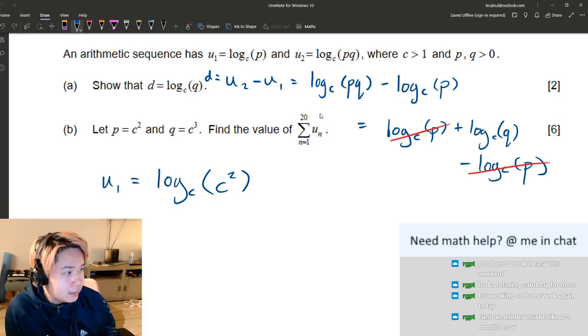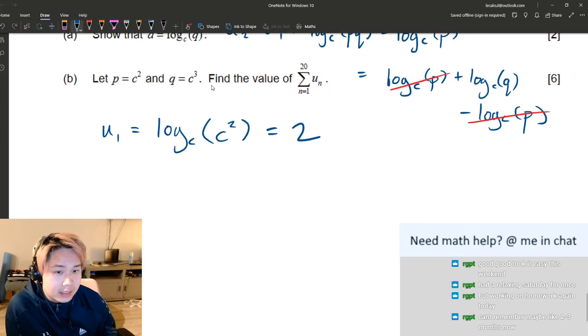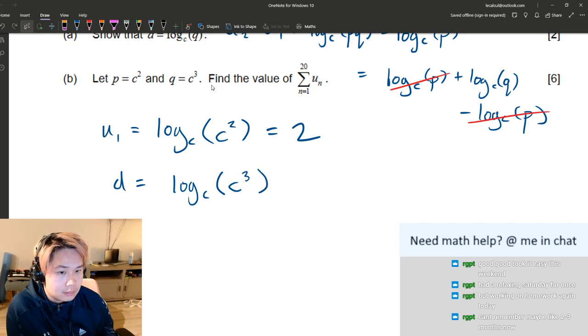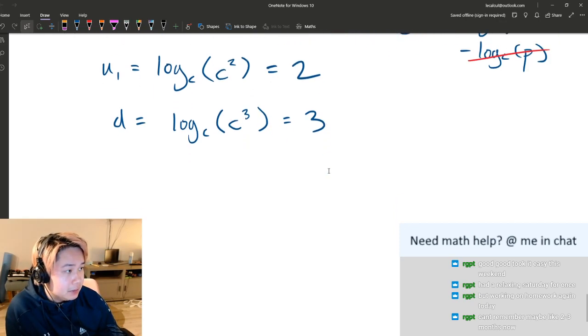Since u1 is log cp and p is c squared, this just becomes 2. And we also need the difference. And for very similar reasons, d is 3.